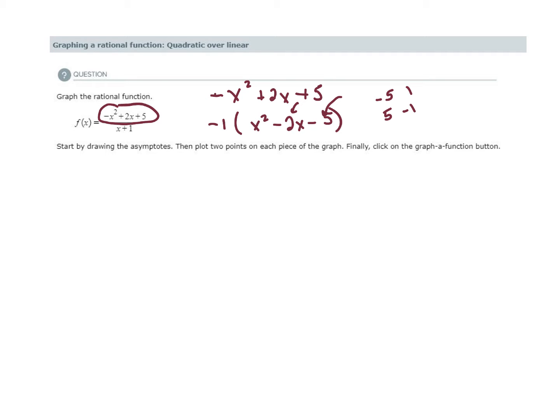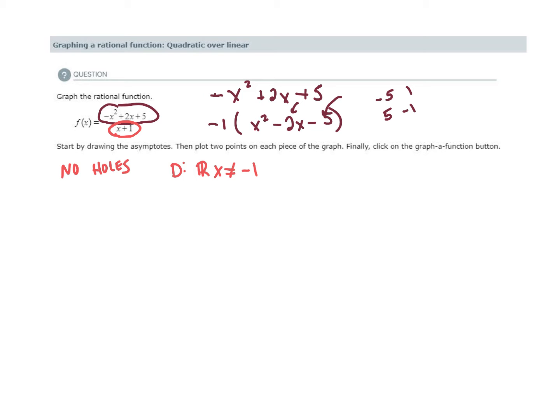So if I'm looking at this function, I know nothing's going to cancel out, so right away I know there are going to be no holes, because holes occur when you cancel something out from the top and bottom. Well, if the top doesn't factor, there's going to be nothing to cancel with on the bottom. So I know x can't be -1, because if I put in -1, I get 0 on the bottom, which is bad.